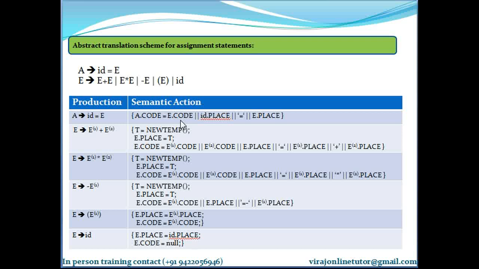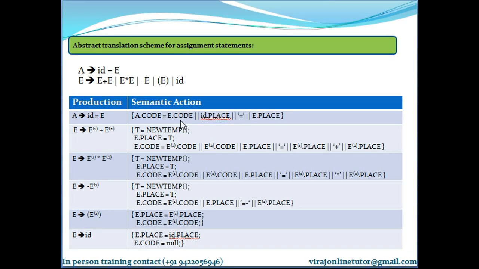E dot code is a sequence of three address statements evaluating the expression. E dot place is the name that will be holding the value of the expression.